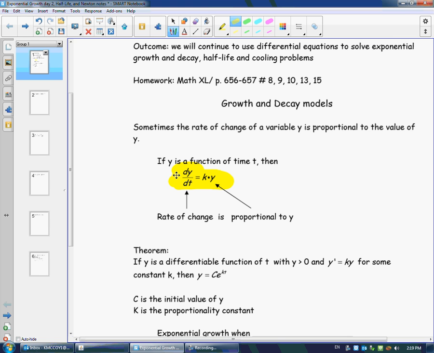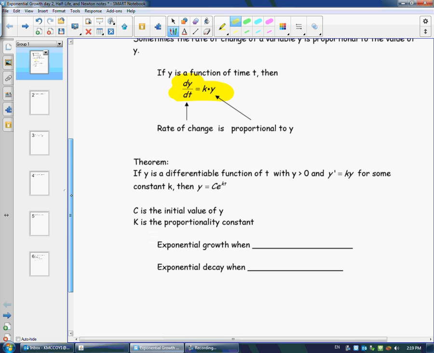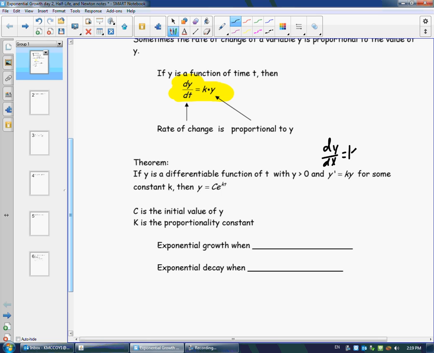And the idea was, if y was differentiable over time, and y is a function which is greater than 0, you get this y prime equals ky. The y prime, of course, is the same thing as dy dt equals ky, how y changes over time.